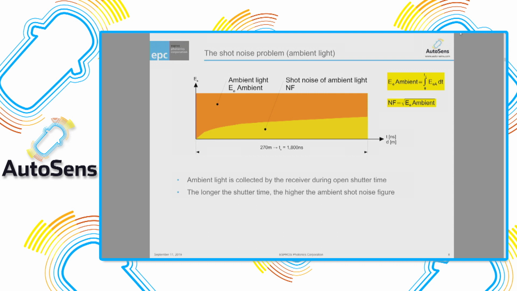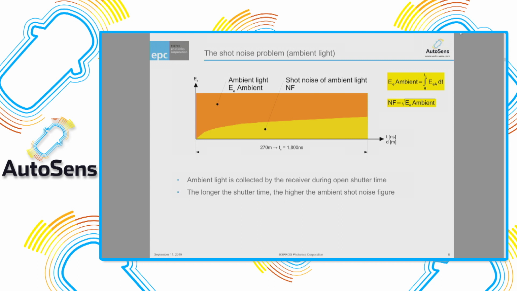Ambient light in general is not the problem. The problem is the shot noise, because light is particles which arrive statistically into the receiver, and because it's not a continuous flow but a fluctuating flow, you get shot noise.